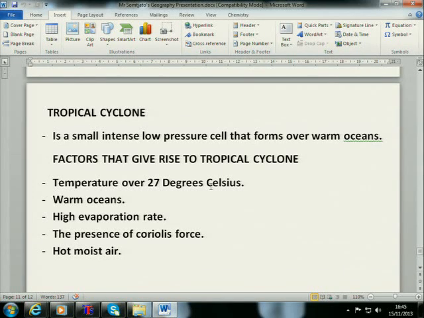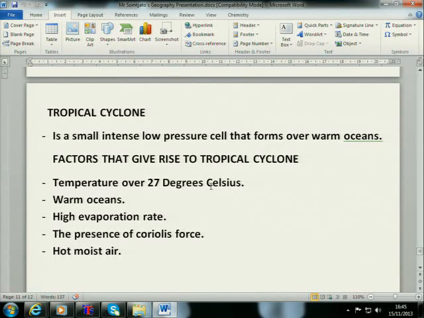The other one is the presence of the Coriolis force. Remember, the Coriolis force is a deflecting force caused by the rotation of the earth.